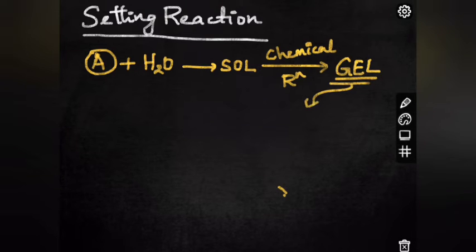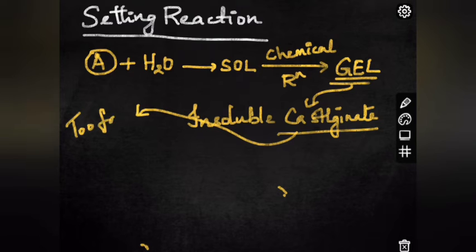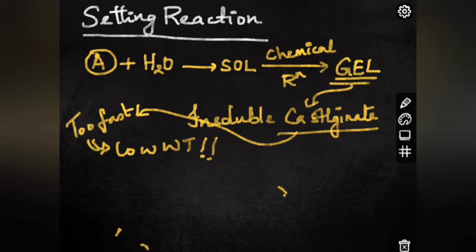This gel is nothing but insoluble calcium alginate. Now the process by which the sodium or potassium alginate and calcium sulfate react to form calcium alginate is too fast. It's so fast that we do not get adequate working time to mix and take an impression.